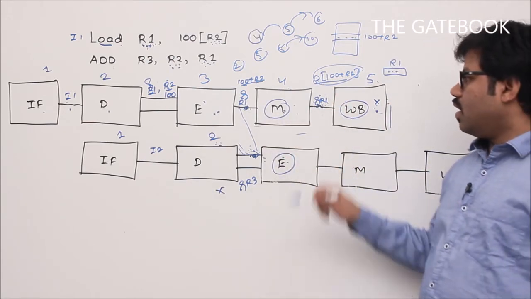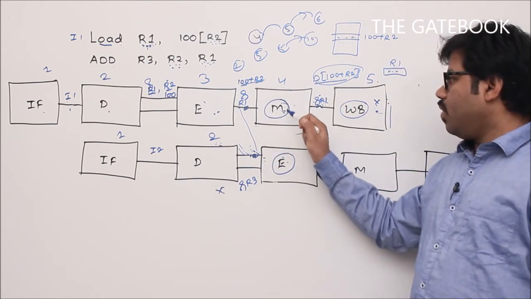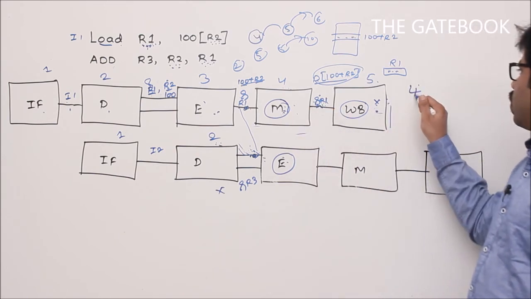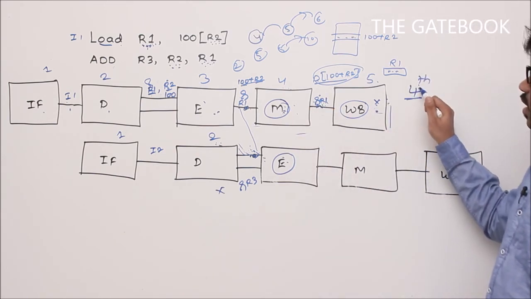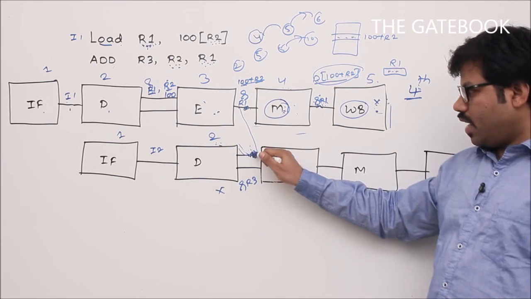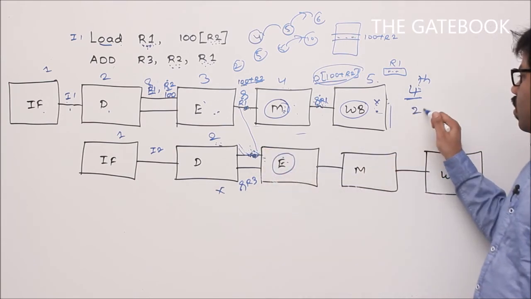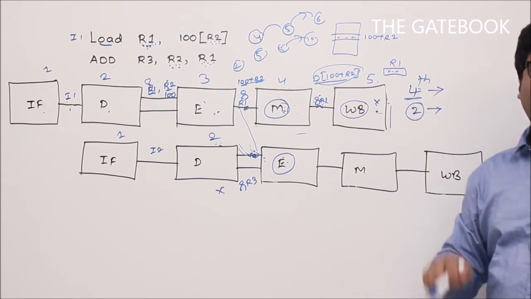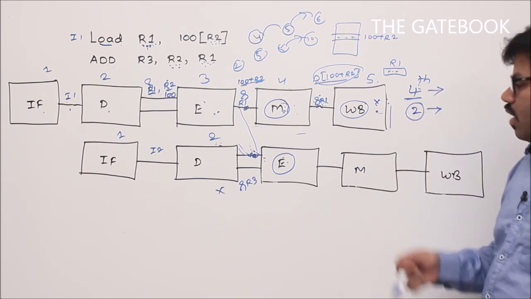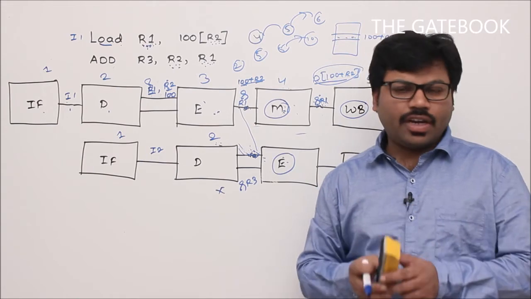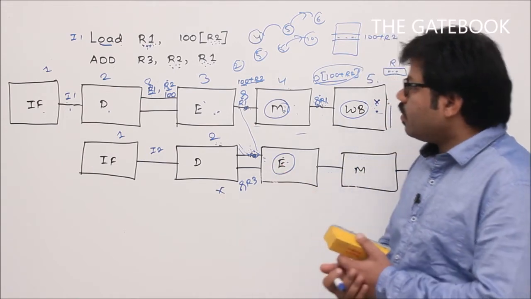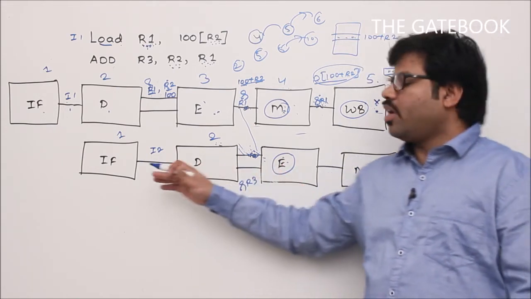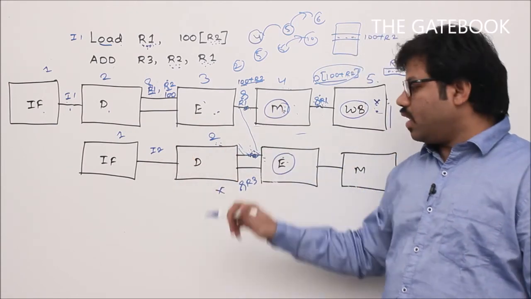So that's why the earliest time data will be available is at fourth clock cycle, after fourth clock cycle. But at the earliest you require data is at second clock cycle, end of the second clock cycle. So that's why there is a problem. We have to avoid that. Then what to do? We'll try to do some alternative strategies. For this one definitely we have to stop, and we have other solution.